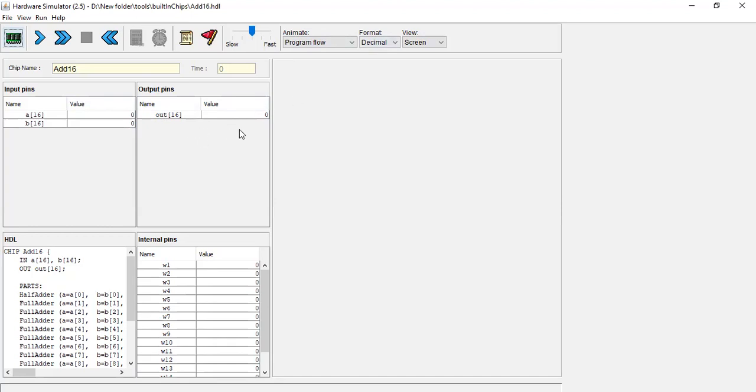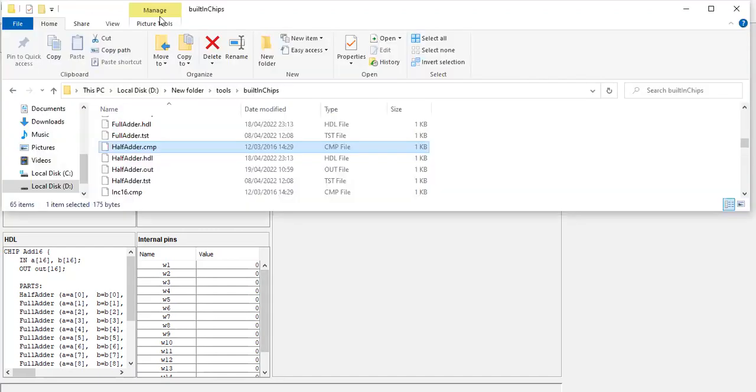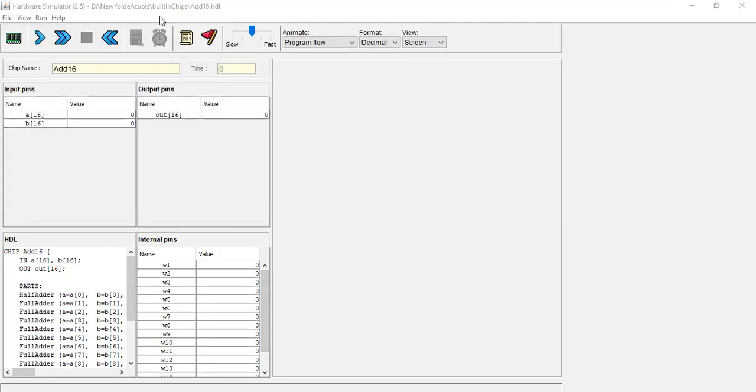The default, once we open the hardware simulator, is decimal format for the input. You can switch to binary if you want binary input. If it's 16 bits, and it must cater to negative numbers, so we split 16 into 8. So 2 to the power of 8, how much is that? 256.